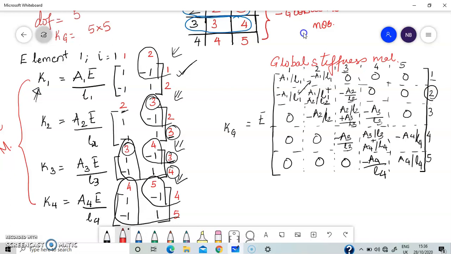On either side of the diagonal you have the same terms. So this is a symmetric matrix, and the size of this matrix is 5 by 5. We will continue the problem in the next video. Thank you.